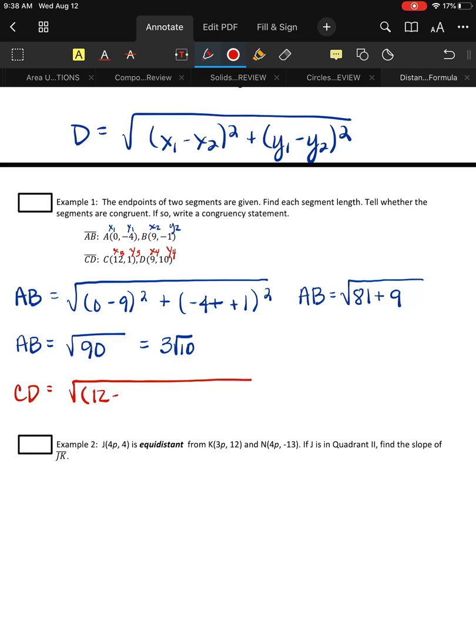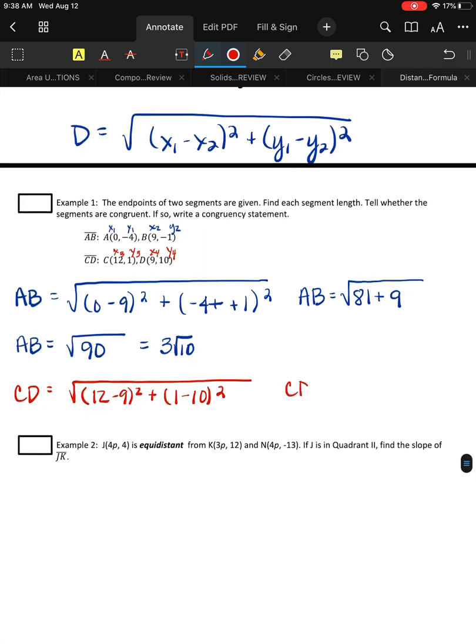So find our difference. 12 minus 9 quantity squared plus 1 minus 10 quantity squared. So CD is equal to, we're going to use order of operations. 12 minus 9 is 3. 3 squared is 9. Plus 1 minus 10 is negative 9, and negative 9 squared is 81. And so CD also simplifies to the square root of 90, which is equal to 3 root 10.